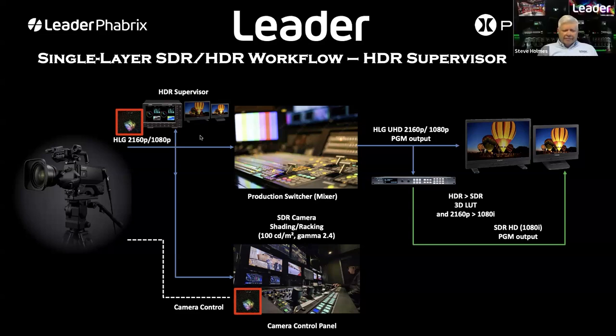Yeah, and can't emphasize it enough that it's your LUT. It's not our LUT. It is a LUT that you upload to the scope, and the scope can actually hold 10 different LUTs, and you can pick per the job you are doing which LUT you're going to use. So that's the HDR supervisor.